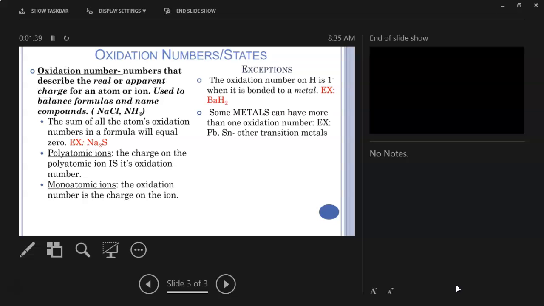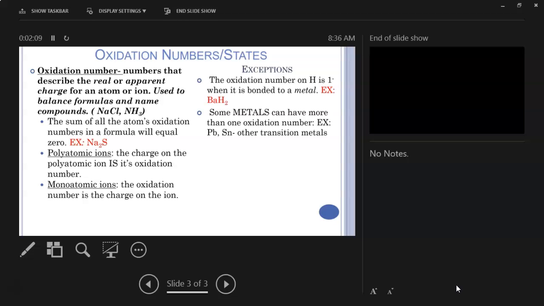Those are the oxidation numbers that tin could have. Tin could have a +4 oxidation number, or a +2, meaning tin could give away 4 electrons when it bonds, or it could give away 2. You won't know what it's doing until you see the actual compound.